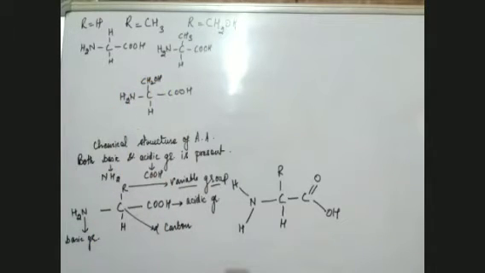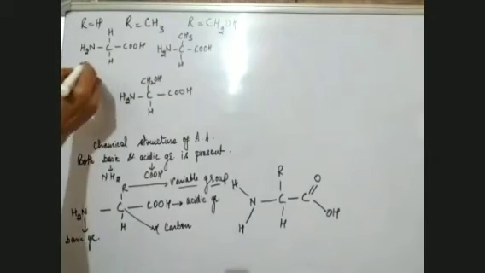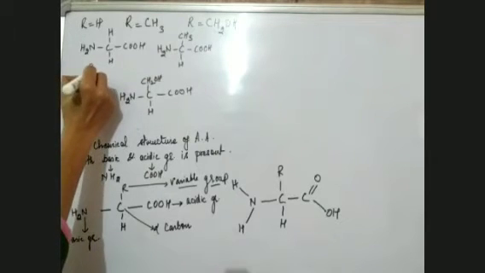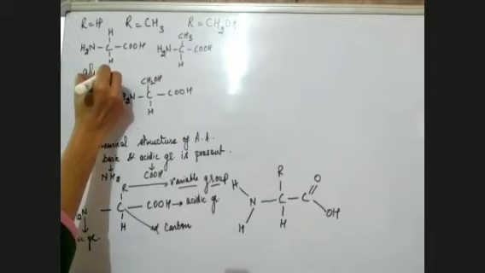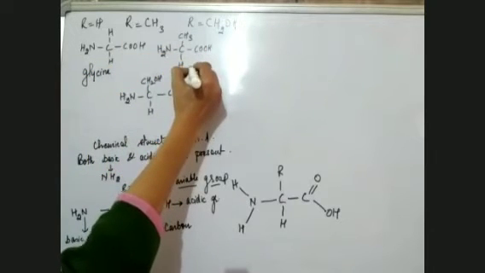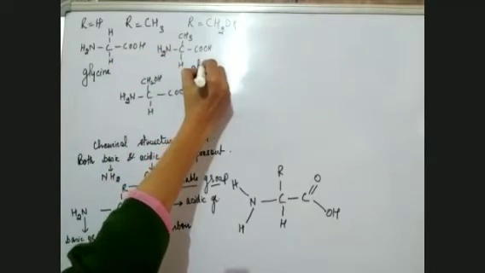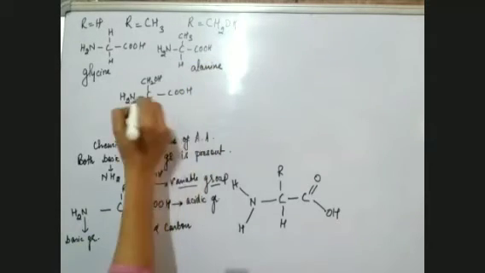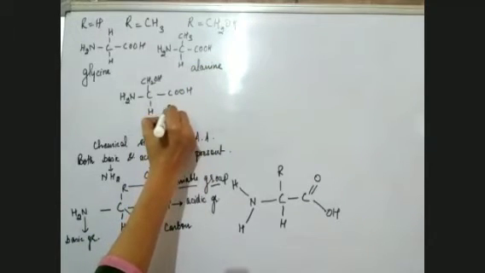So their names will change. If this is H, we call it glycine. If this is CH3, this amino acid is L-alanine. If this is CH2OH, the amino acid is serine.